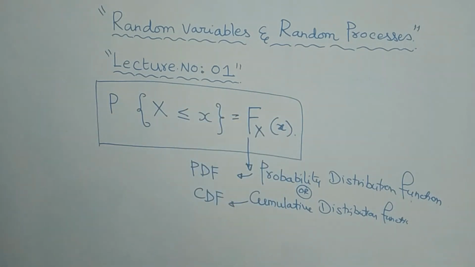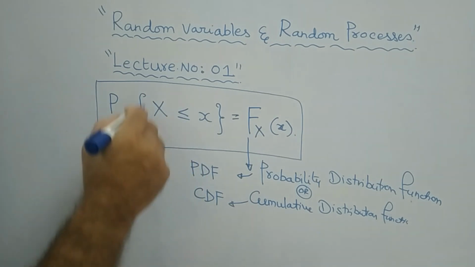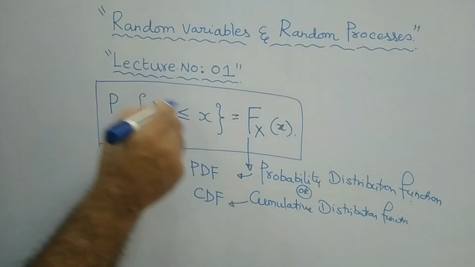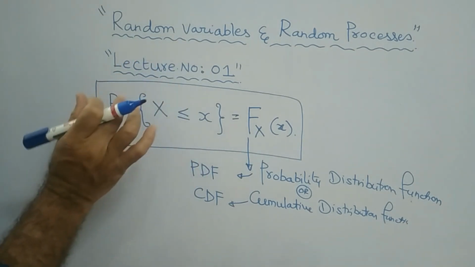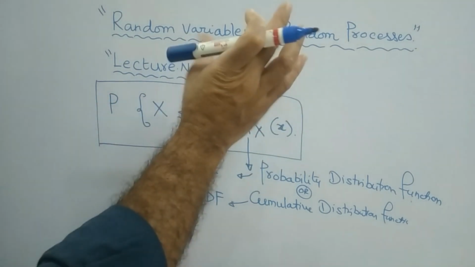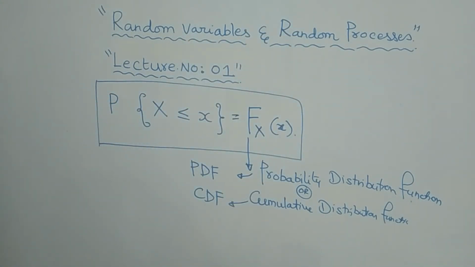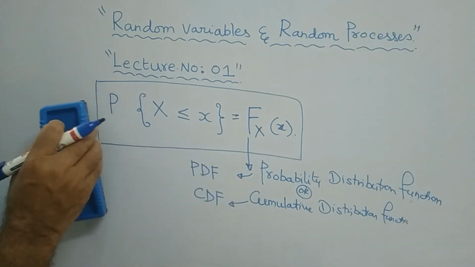So from the definition of an event, if you take the probability of the event, you call that the distribution function. If anybody asks what a distribution function is, it is nothing but the probability of an event, called the probability distribution function or cumulative distribution function.